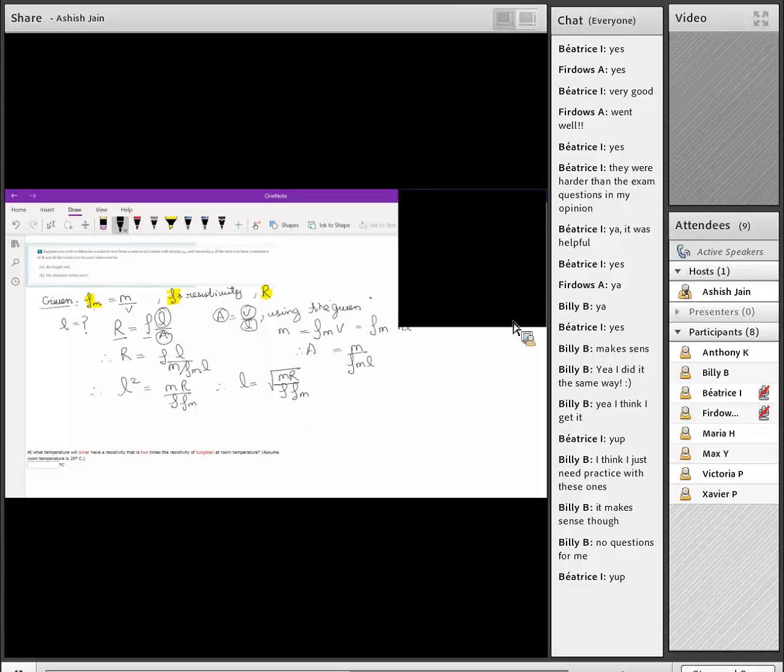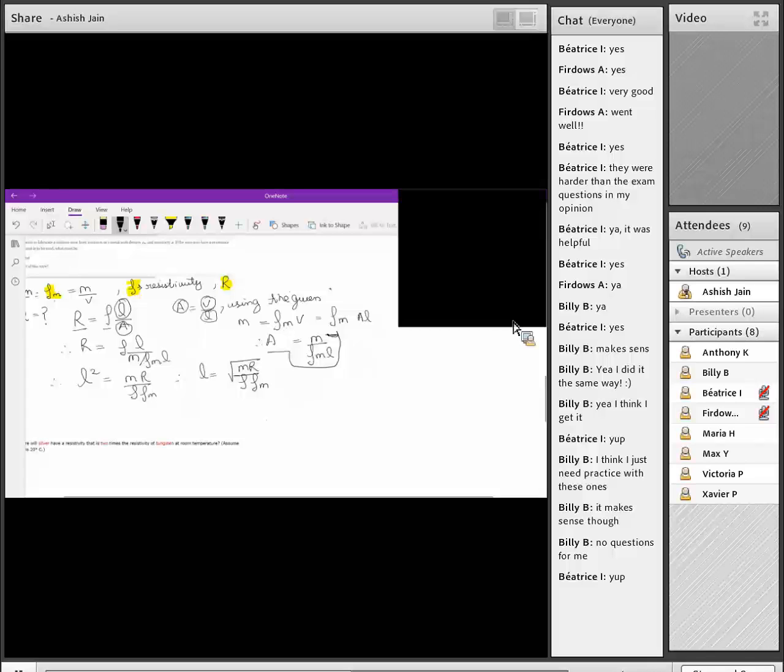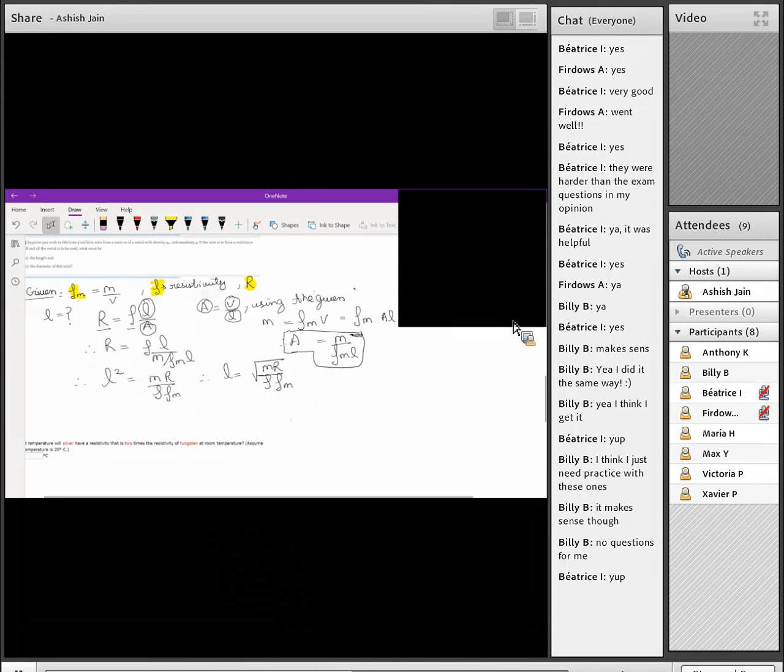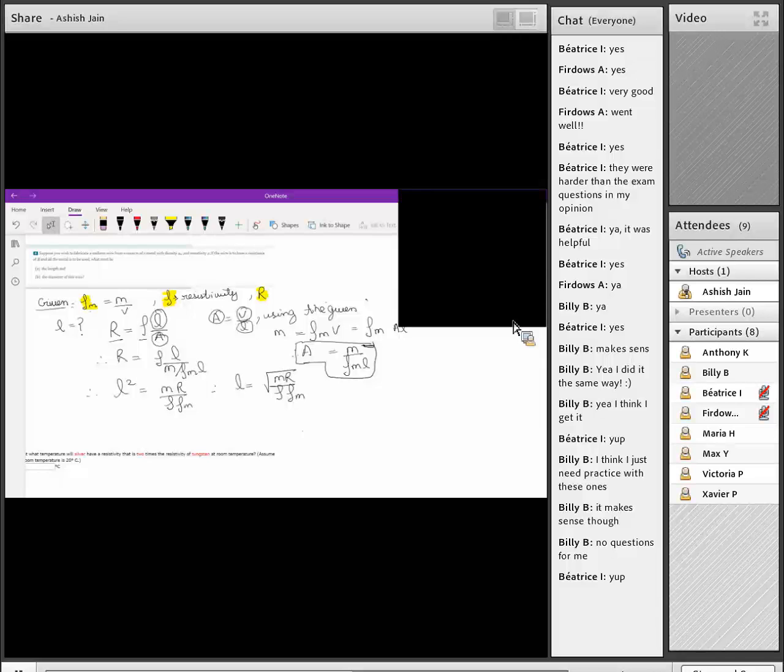You see, I'm just using what's given in the question beforehand. It says rho m is given, so I'm using A from rho m. The trick was just to find A from the given quantity. Did you guys get it?